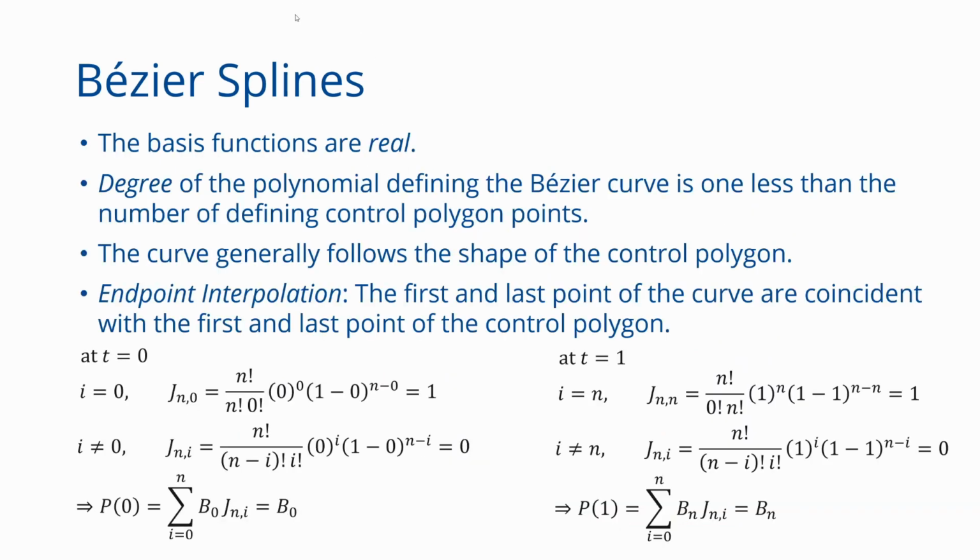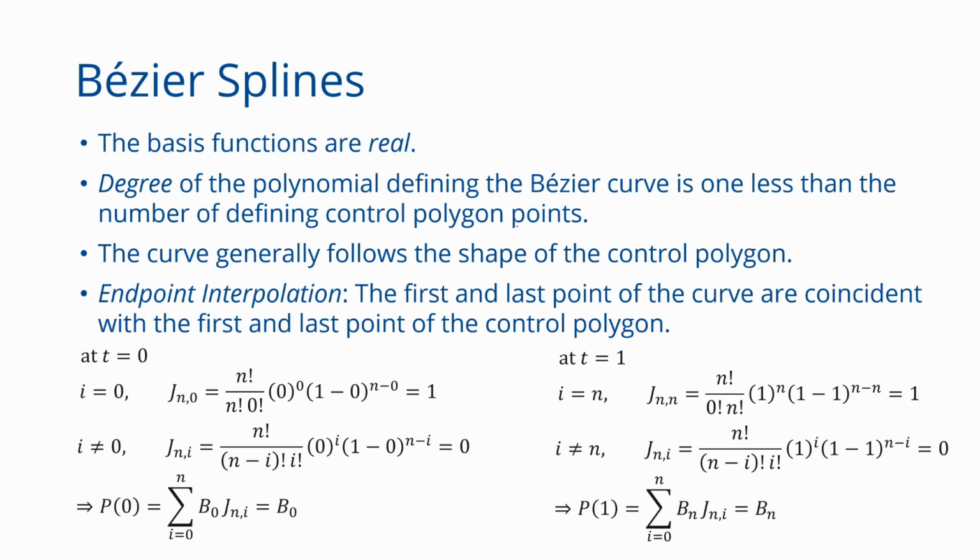So here are some facts about the Bezier spline. The basis functions are always real. The degree of the polynomial defining the Bezier curve is 1 less than the number of the defining control polygon points. The curve generally follows the shape of the control polygon. The curve always passes through the first and last point of the control polygon.